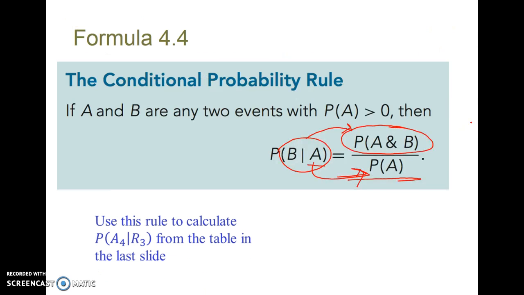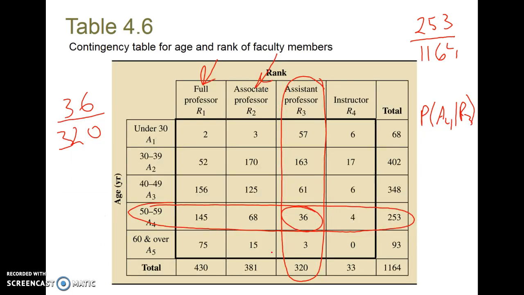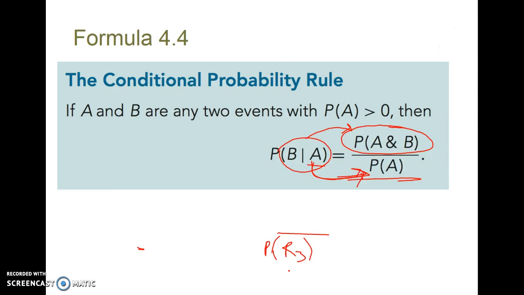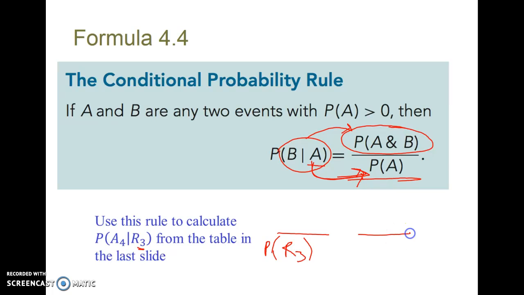Remember, the formula here is this. The R3 is the denominator. So in the denominator, we're going to have the probability of R3. Well, that's this right here. That's the people we're talking about. So in the denominator, we're going to have 320 people.